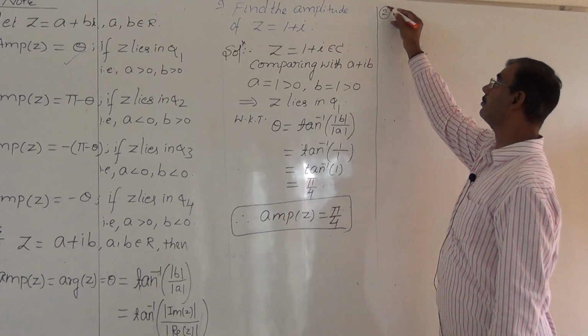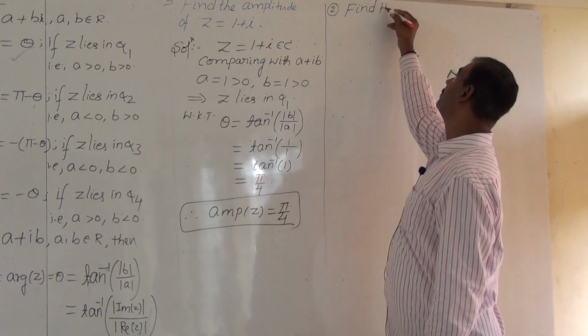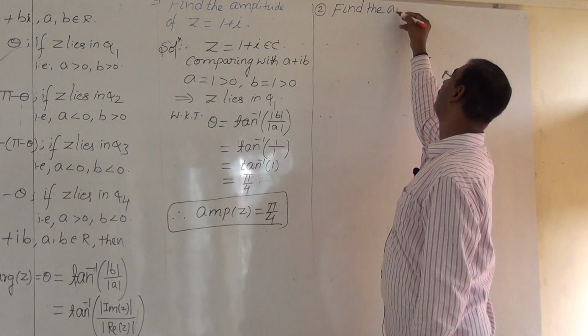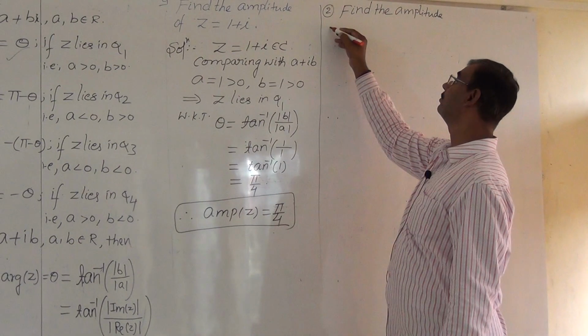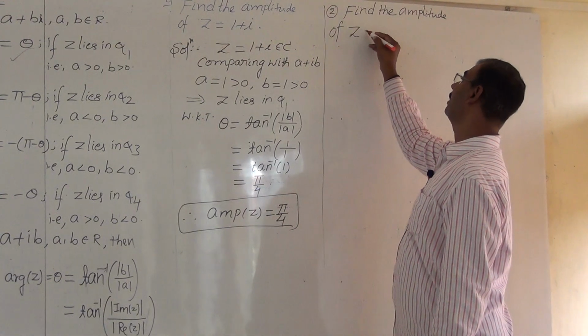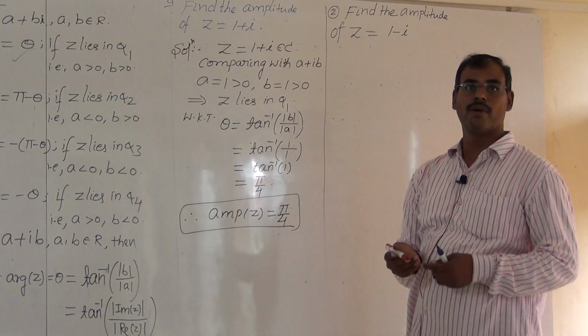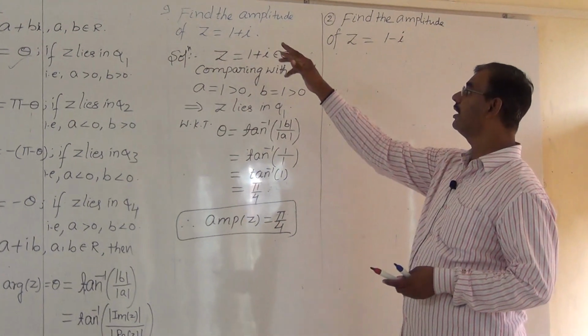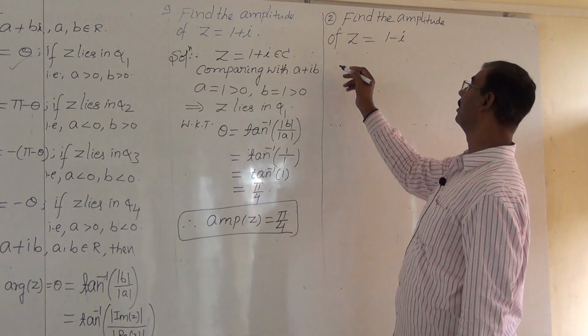Second problem. Find the amplitude of z is equal to 1 minus iota. Just simply here, change it, the conjugate, 1 minus iota. How to solve?